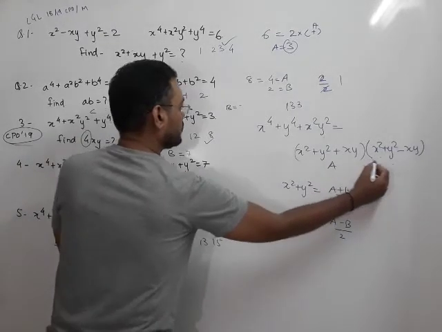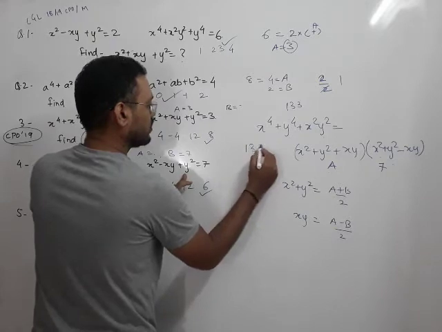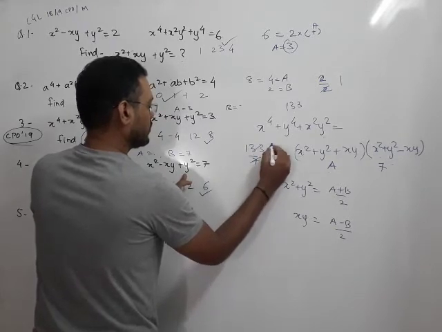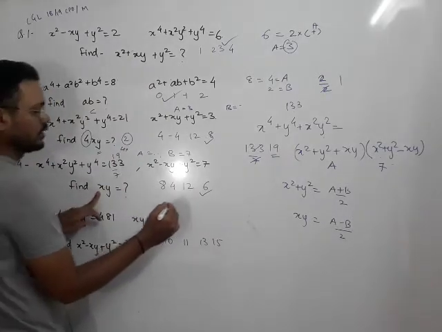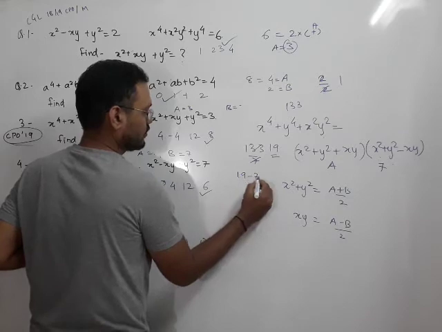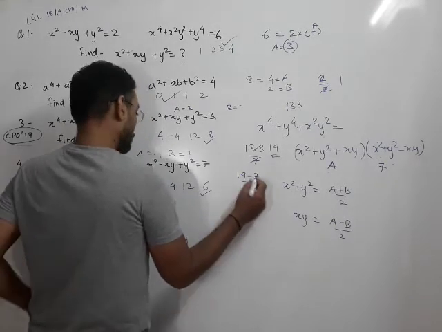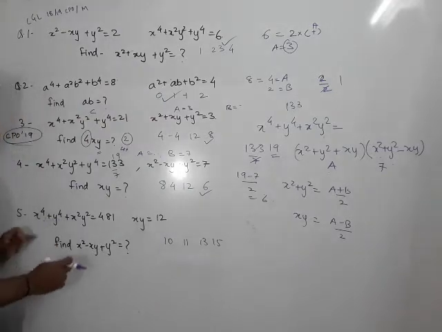A is not given. B is given as 7. So A will be 133 upon 7, which will be 19. What do I need? xy. xy is A minus B by 2, which is 19 minus 7 by 2, which is 6. Next one.